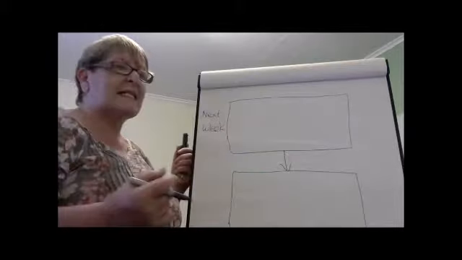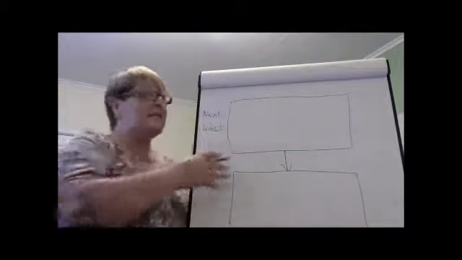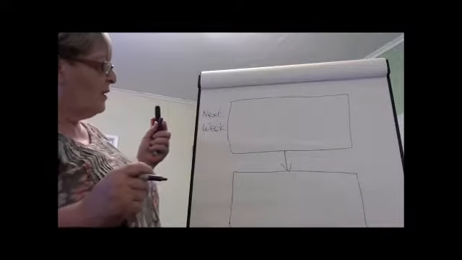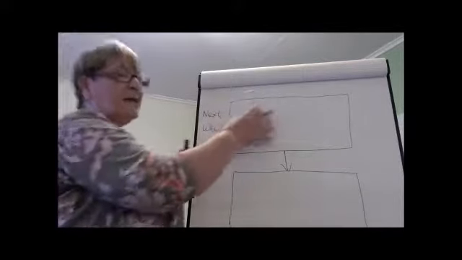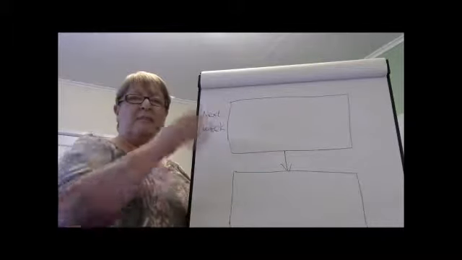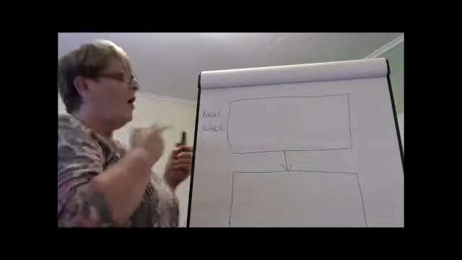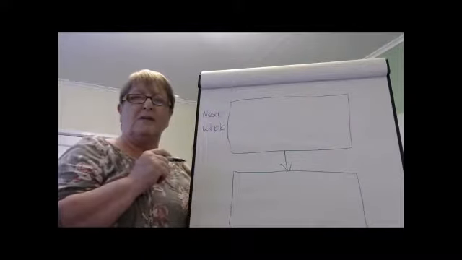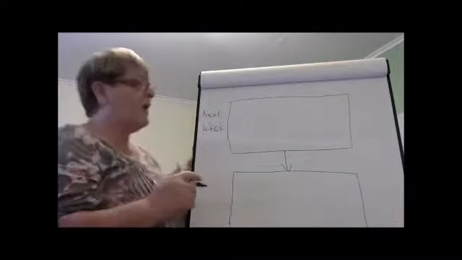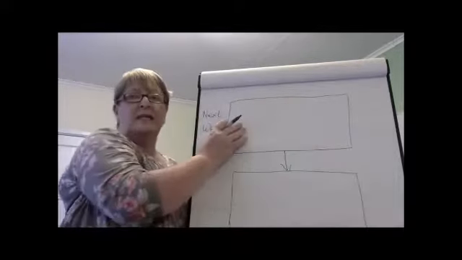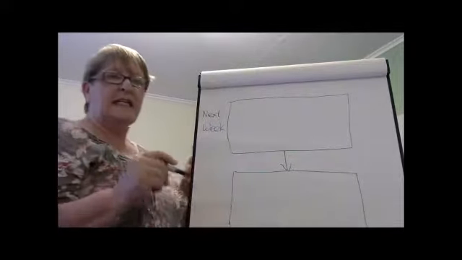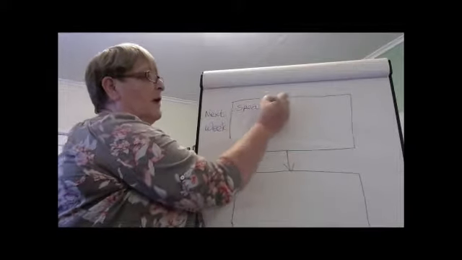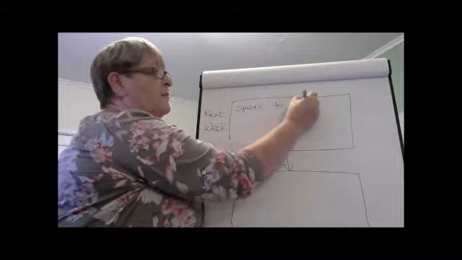So for instance, let's go back to the business one, shall we? Somebody wants to start an online shoe shop. What do they need to do in the next week? Well, one of the first things they need to do is speak to the supplier.